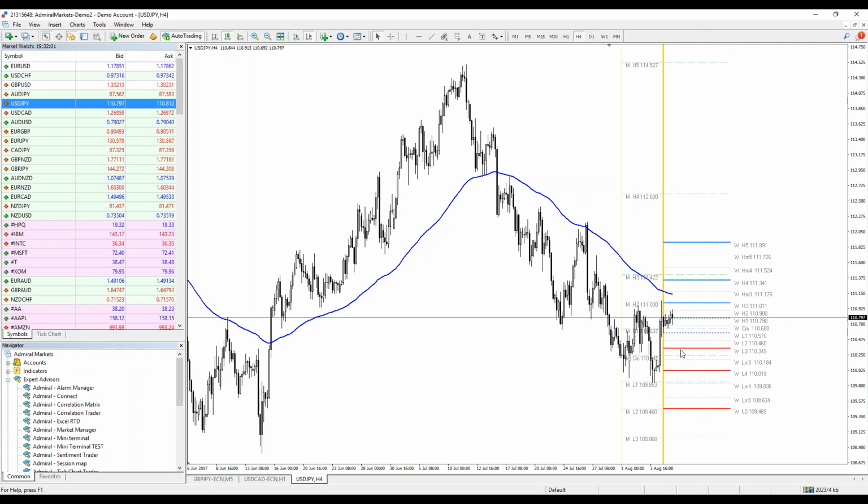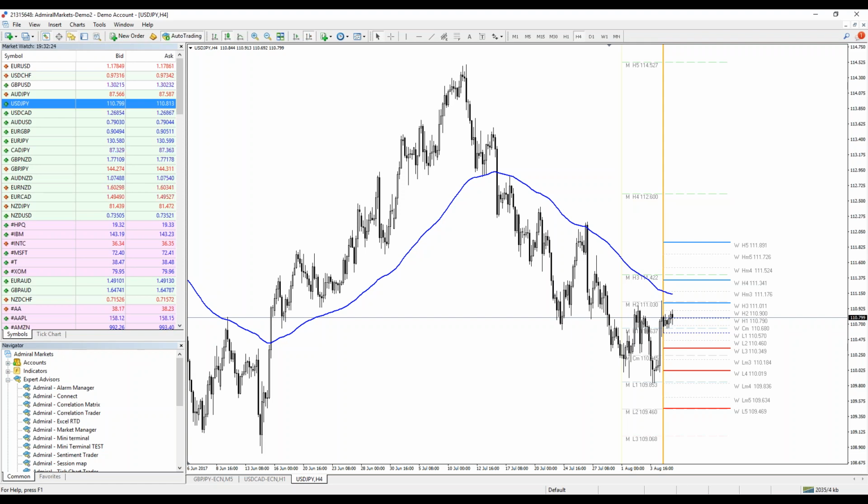This hasn't been retested. This could be a level to go short. Sorry, this is the level to go short. This is the level to go long. Price is a bit stuck in a range, so we don't see any price movement at all, but I hope this will change, because dollar yen tends to be volatile.